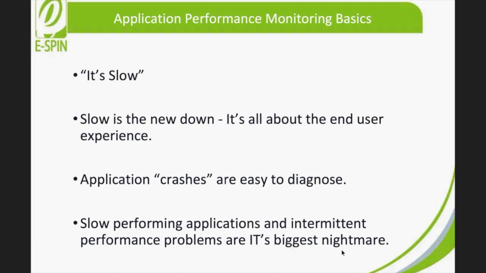Particularly for a complex application like the one I just referred to in the slide, one or two problem components will impact the rest, right? Slow performing applications and intermittent performance problems are one of IT's biggest nightmares. Why? Because most of the IT infrastructure we set up is for one reason only, to run the application and let the business run, right?